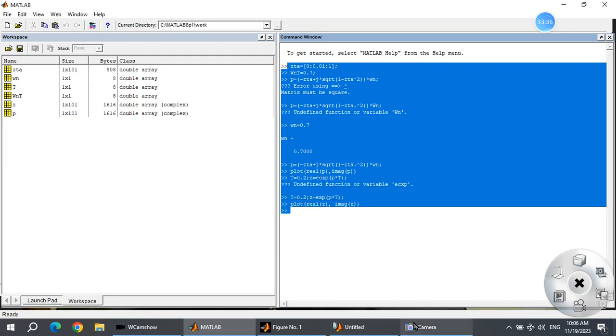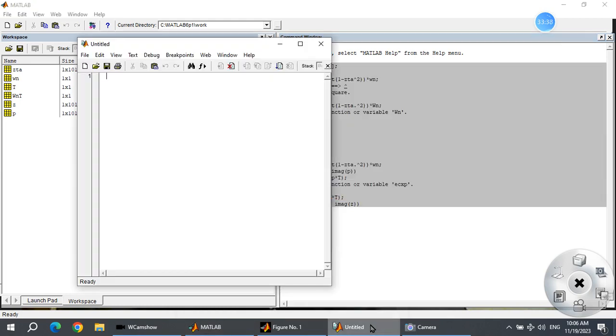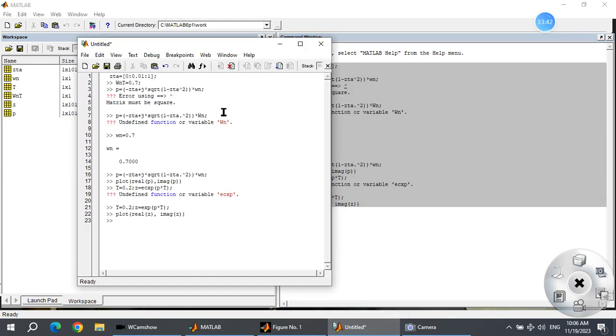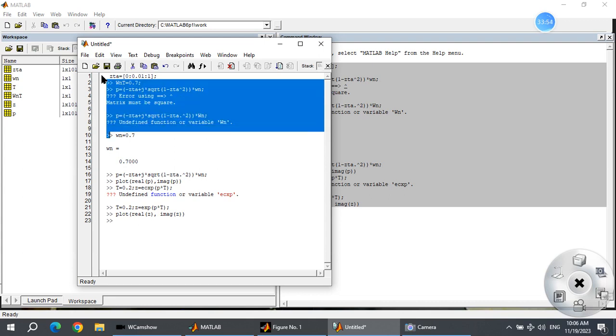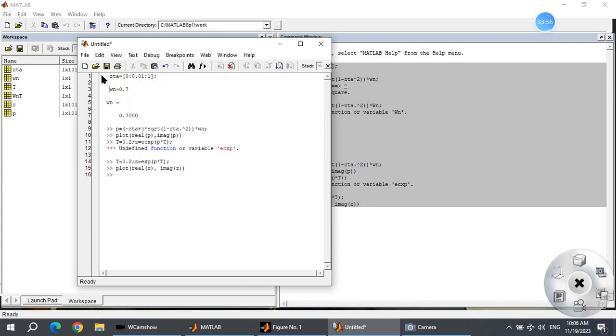Yeah, I put it in 5. That will be good. Any 5. I start from zeta equal to these. I don't want these. And I want these. Omega n. Give omega n.